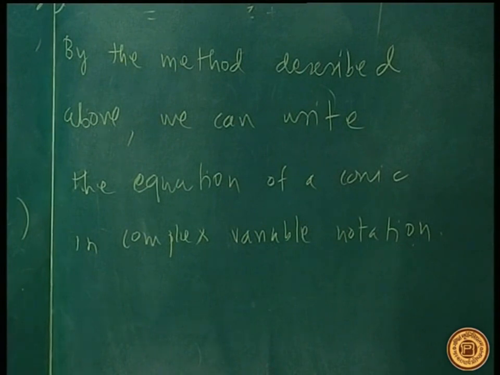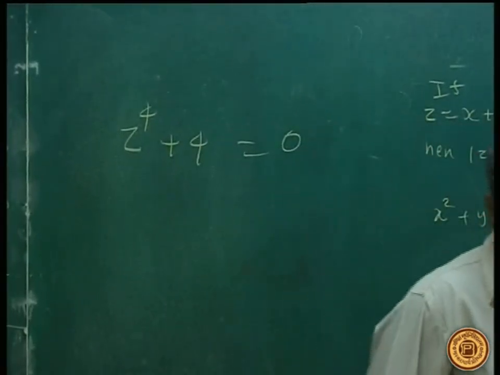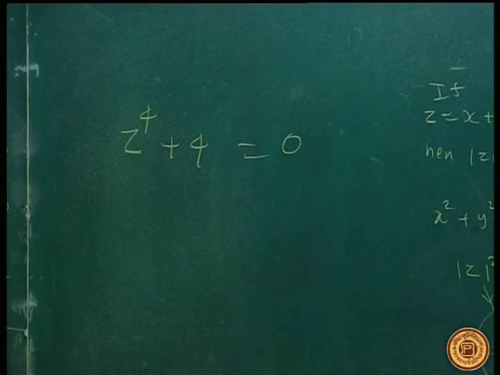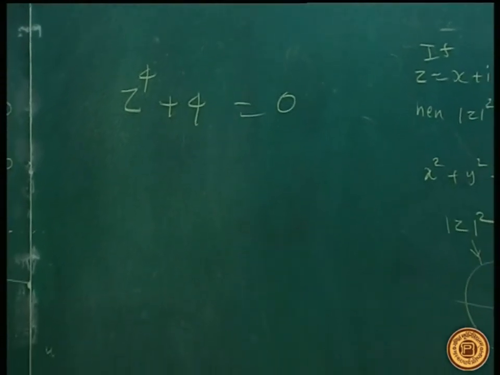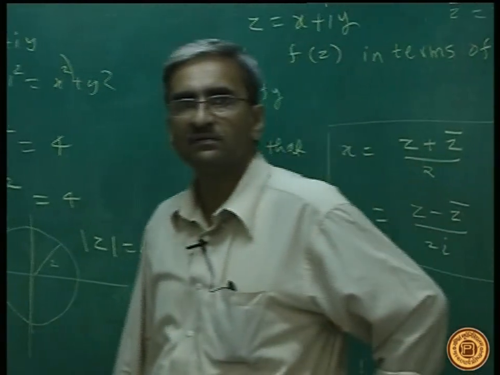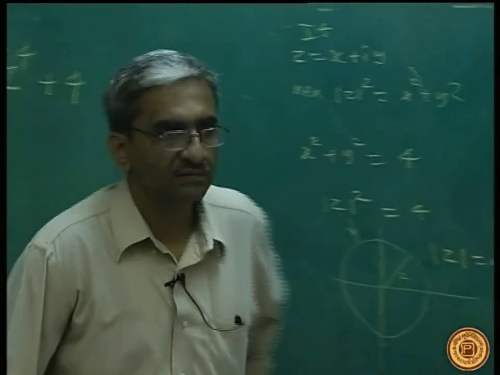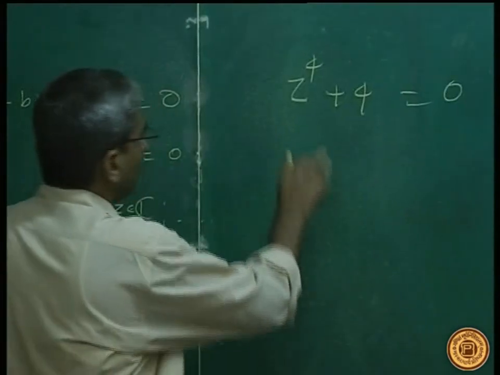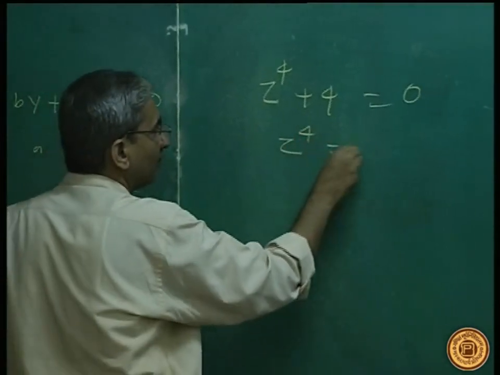That is, the next problem is you have the equation z raised to 4 plus 4 equal to 0, and you want to find 4 roots of this. How will you find 4 roots of this?